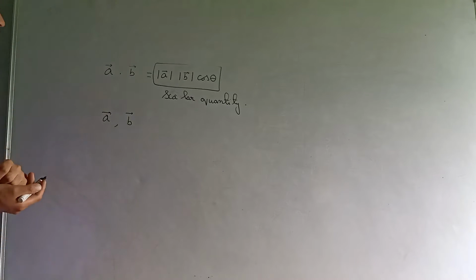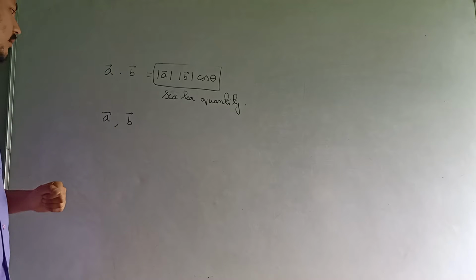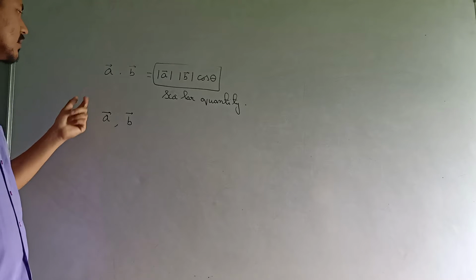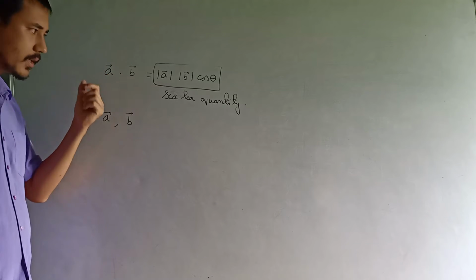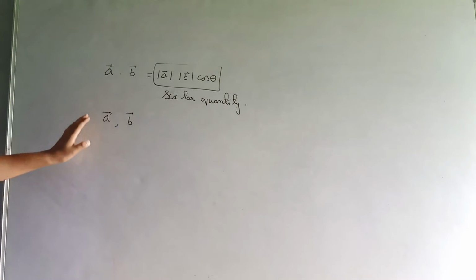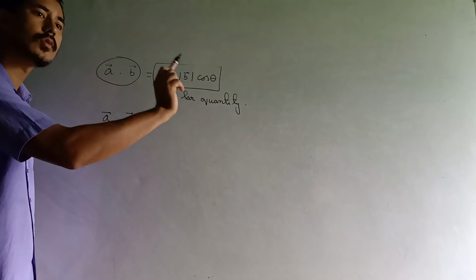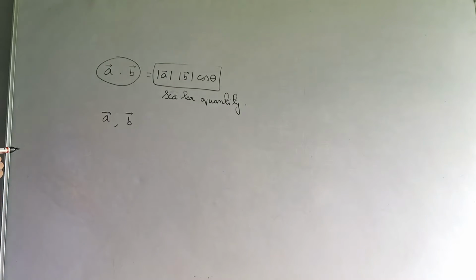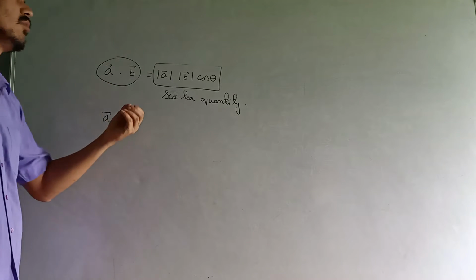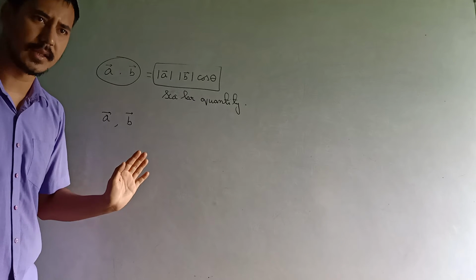One is the scalar product, or dot product, and one is the cross product. But if you're asked to find the product of two vectors A and B, then we always go for the dot product. Sometimes we take the dot product as the ordinary product, so we also call this the scalar product again.